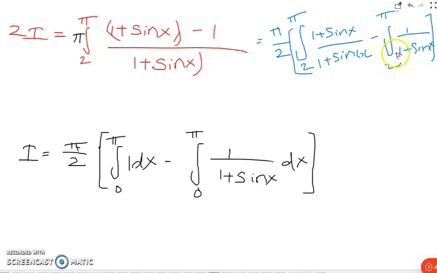This gives pi by 2 integral from 0 to pi of 1 dx, minus pi by 2 integral from 0 to pi of 1 by 1 plus sin x.